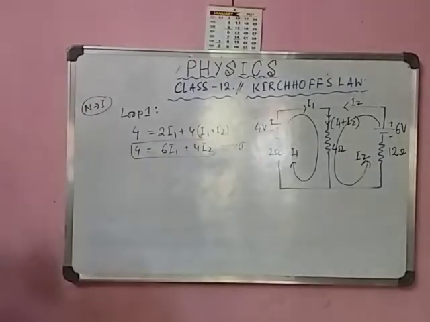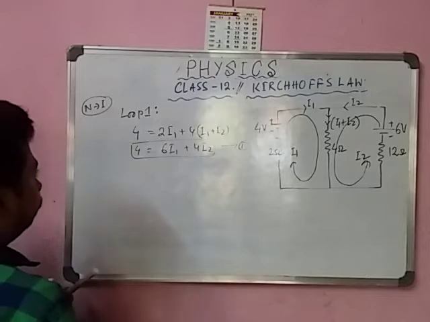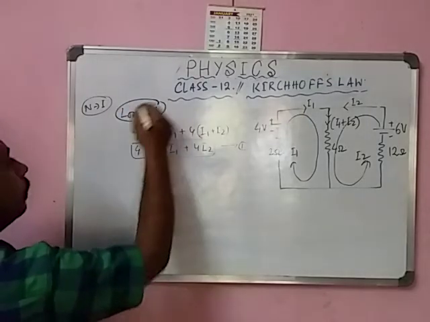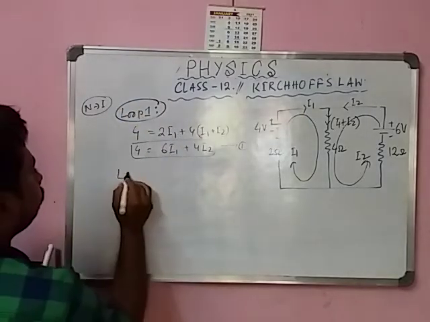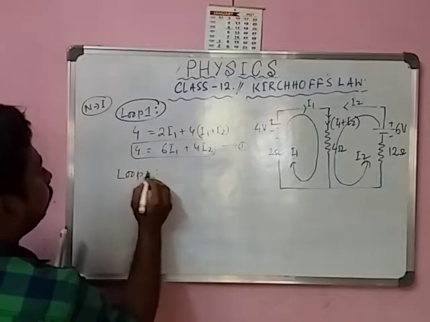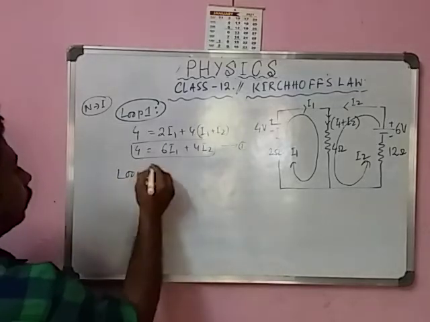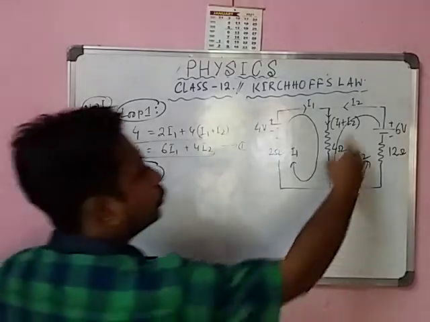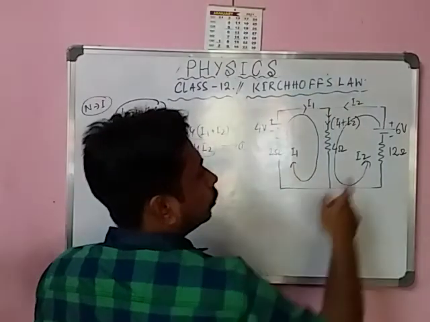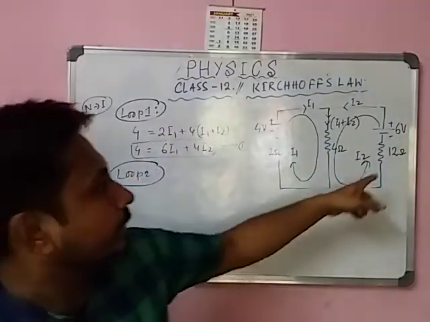This was for loop 1. Now for loop 2, forget about loop 1. For loop 2 there is only a single EMF of 6 volt.